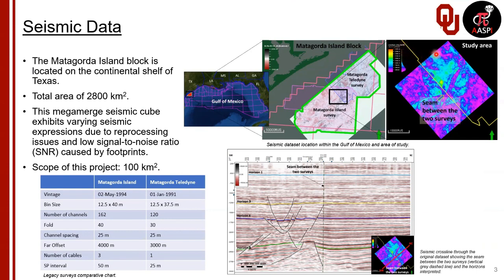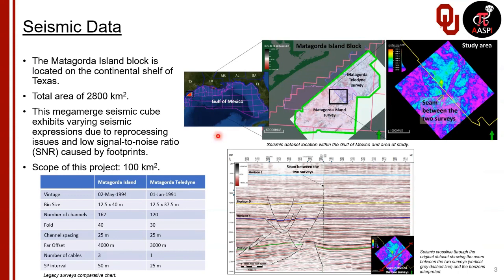Here we can see the volume I am using. This yellow line represents the merge between the two surveys, and is where we identify this sharp contrast between the two legacy surveys. As we can see here in the entire data set, we have the two original surveys that were merged into one.